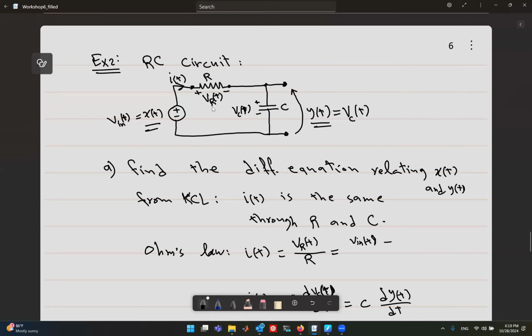And the voltage across the capacitor is actually the voltage at this point compared to this point. So the voltage at this point is Vc.